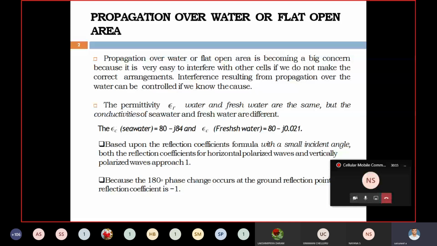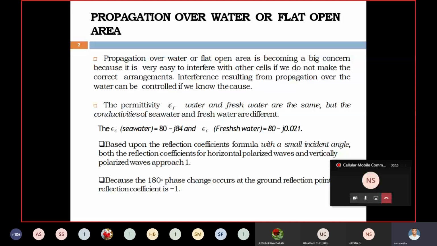Right. Here, the reflection coefficient for a small angle, for both horizontally polarized waves and vertically polarized waves, approaches 1.